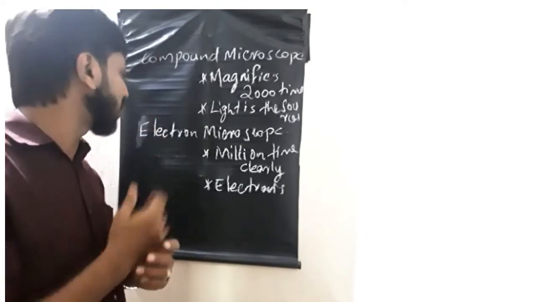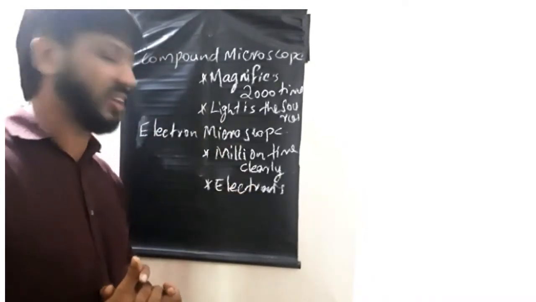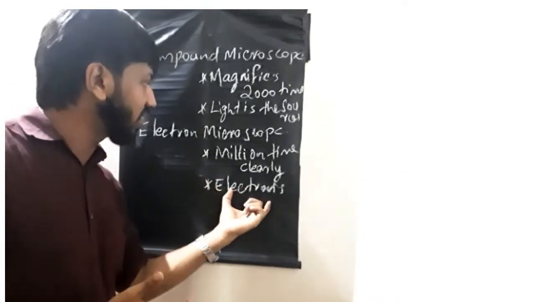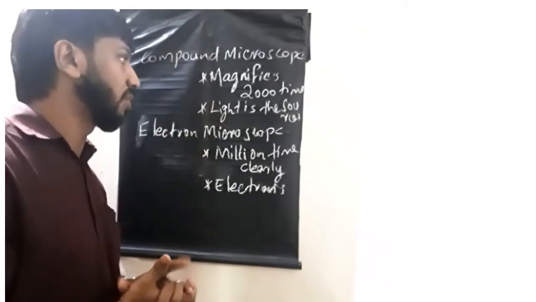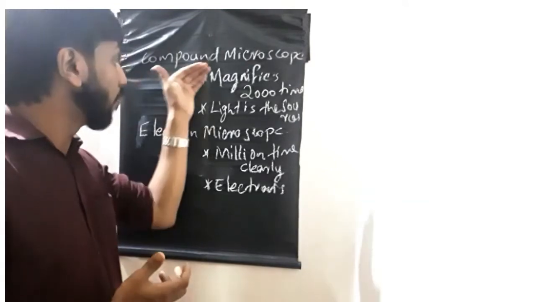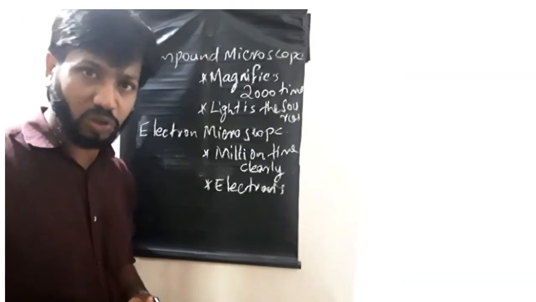That is the importance of electronic microscope. Very much bigger. And electrons are used in electronic microscope, whereas in compound microscope, light is used. These are the important differences between compound microscope and electronic microscope.